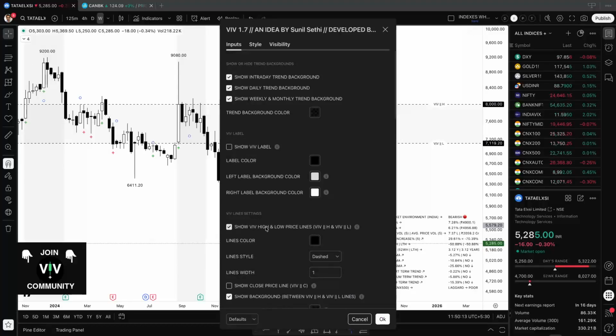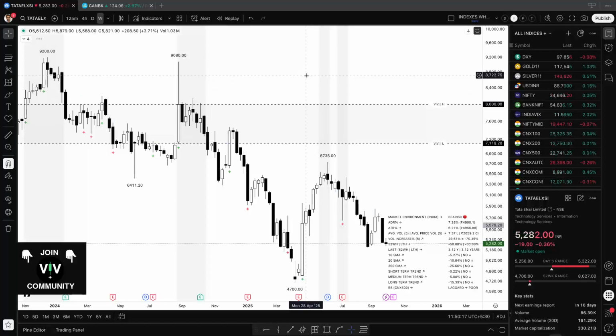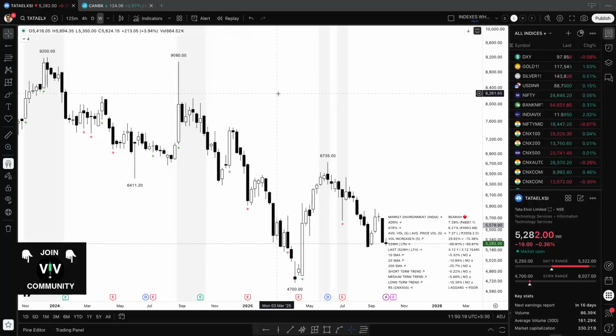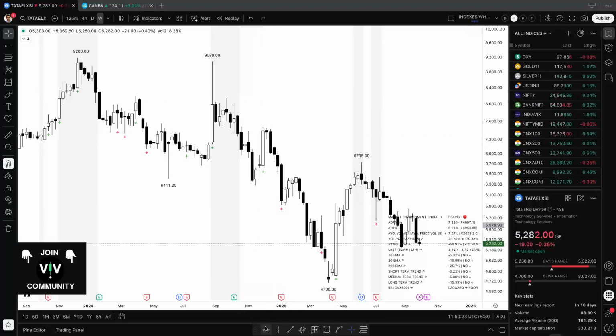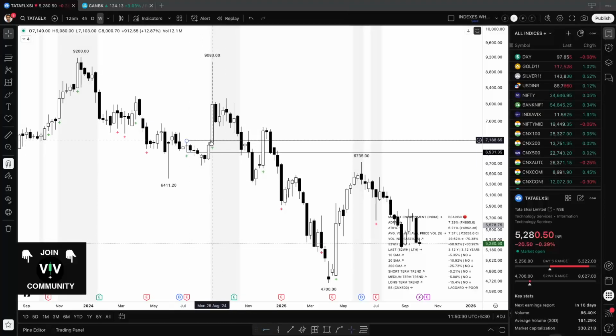Let me remove this VIV zone so that you can see the background clearly. So what happened? Suppose someone took a trade here, either a reversal trade or a breakout trade. It went up but couldn't sustain and started to come down.